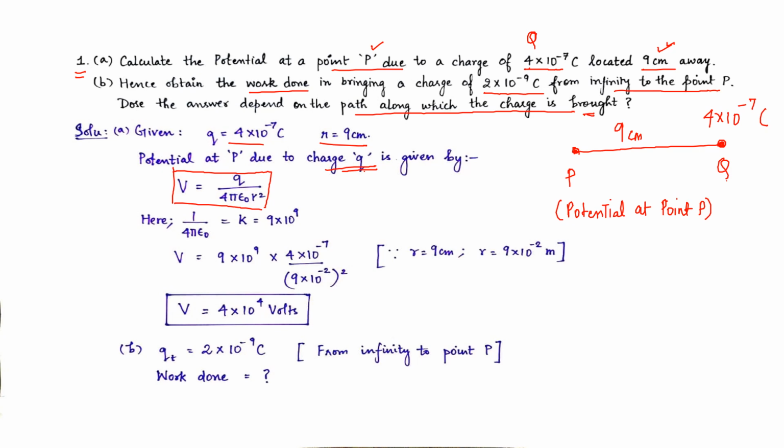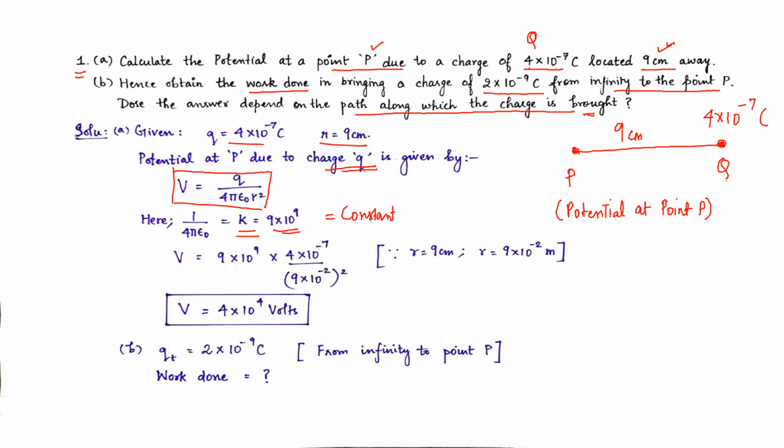We know that 1 by 4 pi epsilon naught equals K, a constant whose numerical value is 9 into 10 to the power 9.